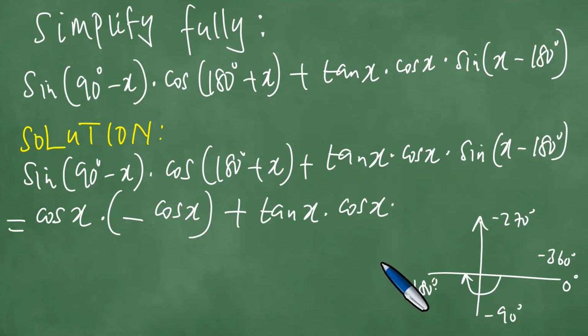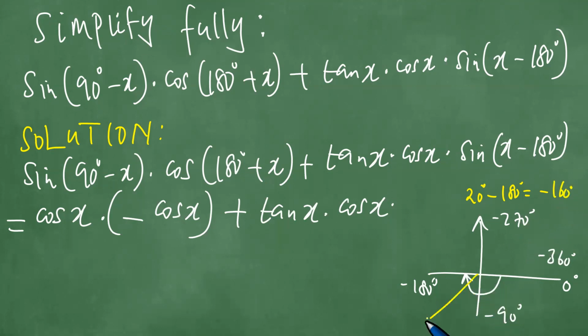So now if you have x minus 180, imagine x is an acute angle, very small, e.g. 20 degrees. Then you have 20 degrees minus 180 degrees, which is minus 160 degrees.